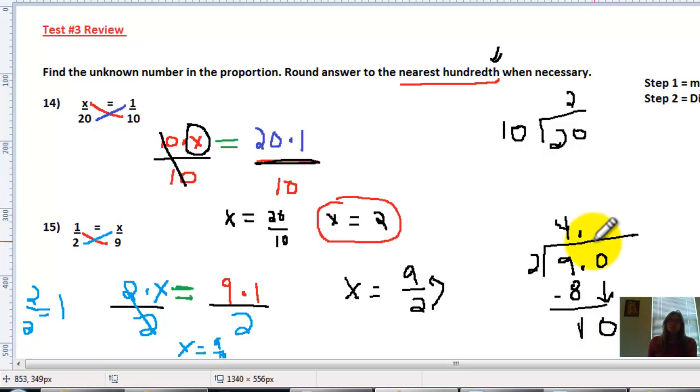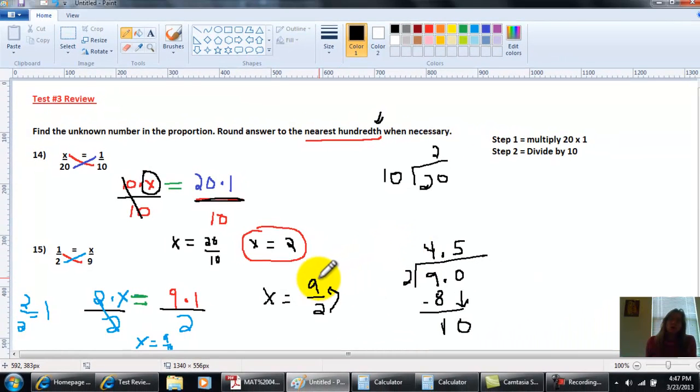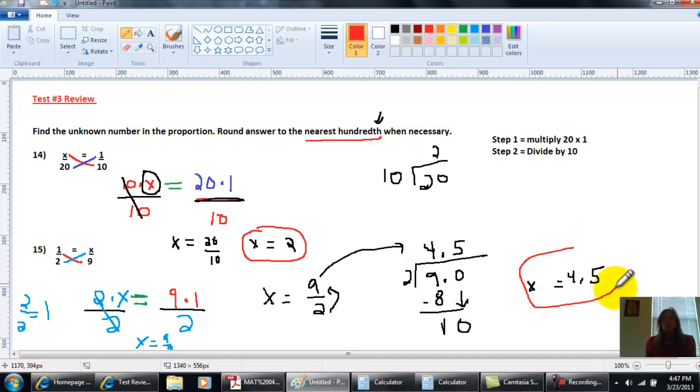And then 2 into 10 is 5. So we end up with a decimal of 4.5 for our x. So all I did was change this fraction 9 halves into the decimal 4.5. So then x equals 4.5. It doesn't apply to round to the nearest hundredths place, because this is the tenths place, the 1/10th place.